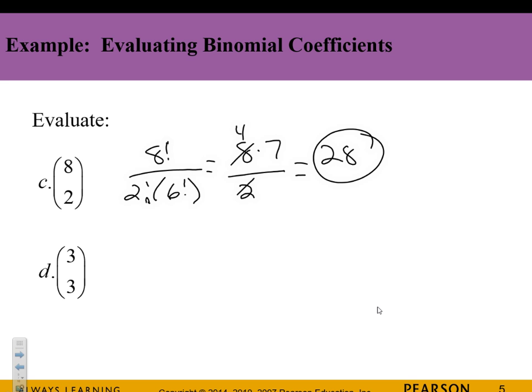You see what I did there? No? Okay. What's 6 factorial? 6, 5, 4, 3, 2, 1, right? So why write them again? So I just go 8, 7, because 6, 5, 4, 3, 2, 1 will cancel with 6, 5, 4, 3, 2, 1. And then I just put in the 2 factorial. I don't put the 1 because do I need to multiply by 1? Make sense?